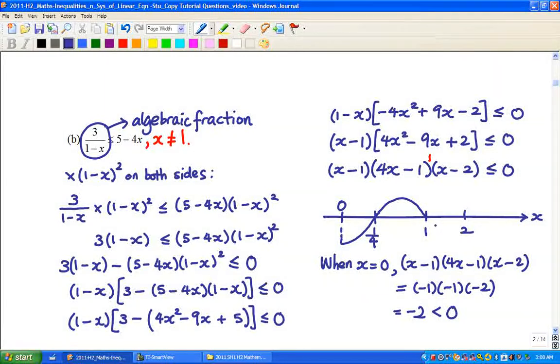Similarly, you will observe the same behavior for the root of x equals to 1 as well as x equals to 2.